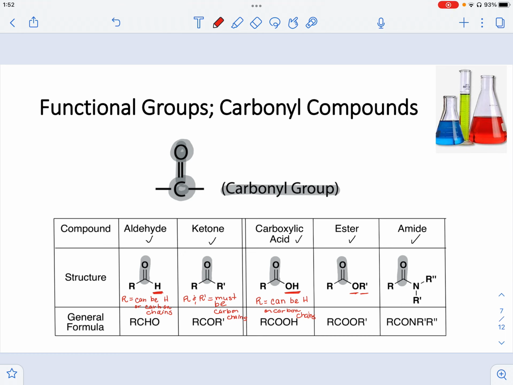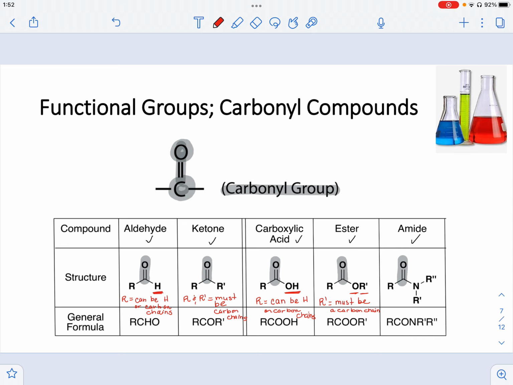You can call one R, you can call the other one R prime. In this case, understand that R prime must be a carbon chain in order for us to call a particular structure an ester. R on the other side of the ester can be a hydrogen or it can be a carbon chain.